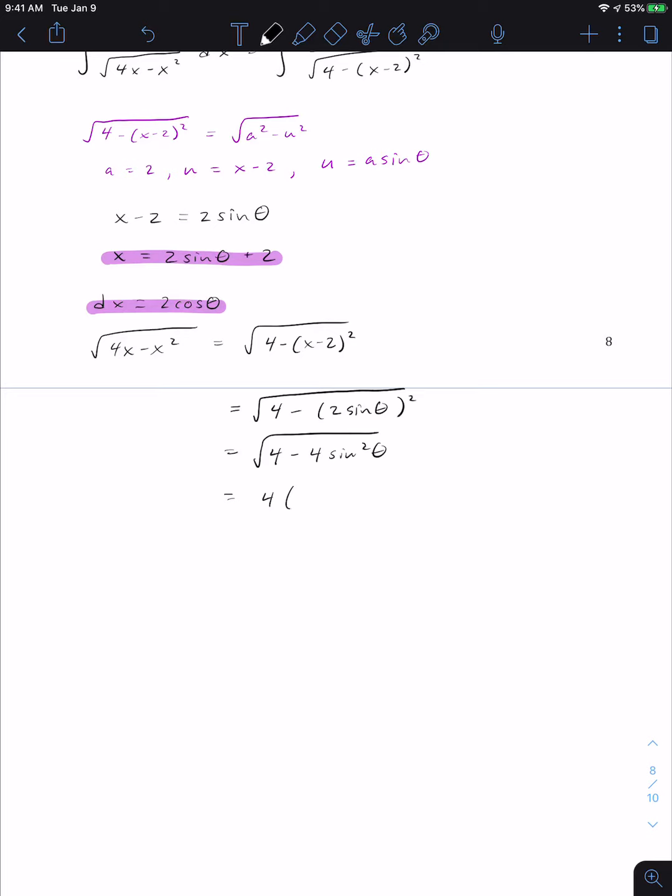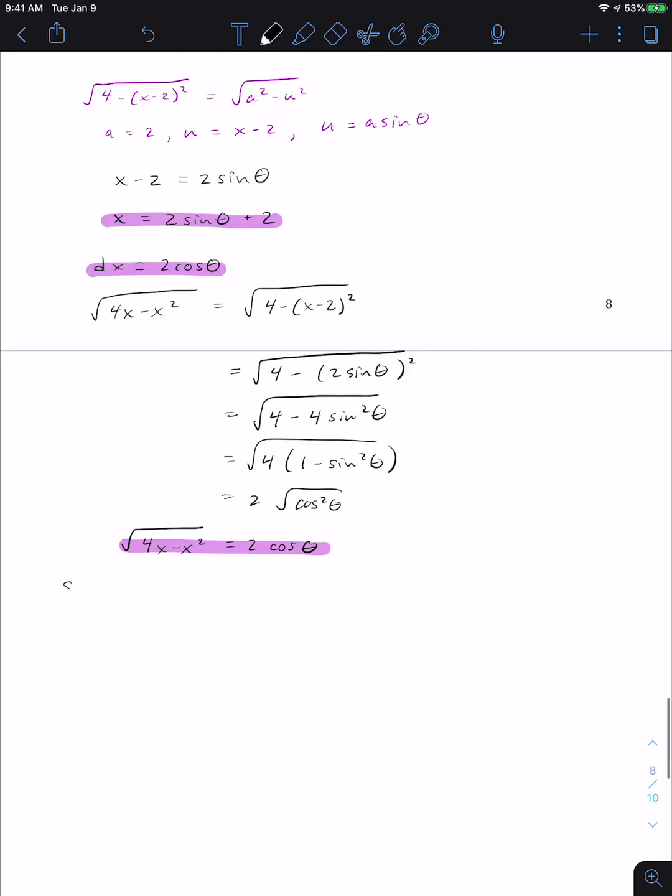So I get 4 factored out, 1 minus sine squared theta. Square root of 4 is 2. 1 minus sine squared theta is cosine squared theta. So I get 2 cosine theta is equal to the square root of 4x minus x squared. Right? And now I have everything to substitute.